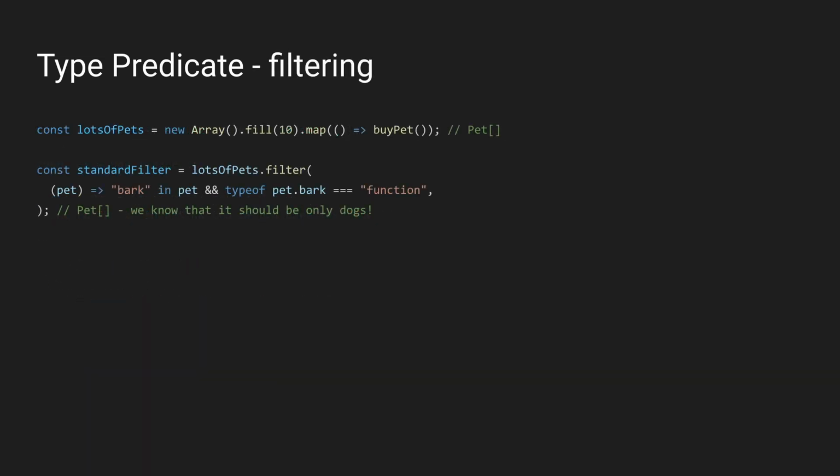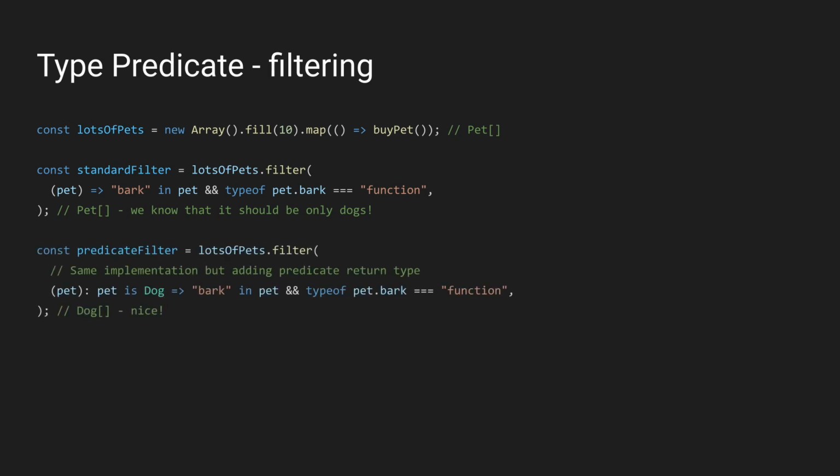These functions can be incredibly useful when combined with utility functions like array filter. Let's see how it works. In the standard filter function, when we create a validation function to limit types to dogs, the outcome will still be an array of pets. We could cast it using as, but there is another approach. Let's provide a filter function that serves as a type predicate.